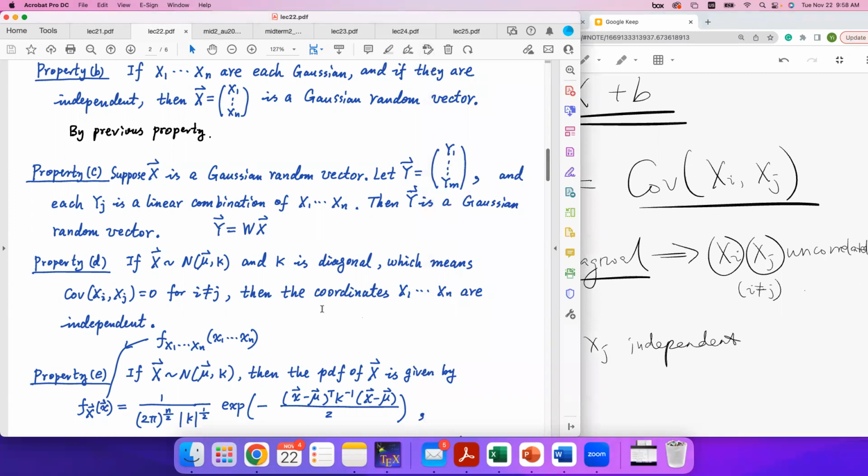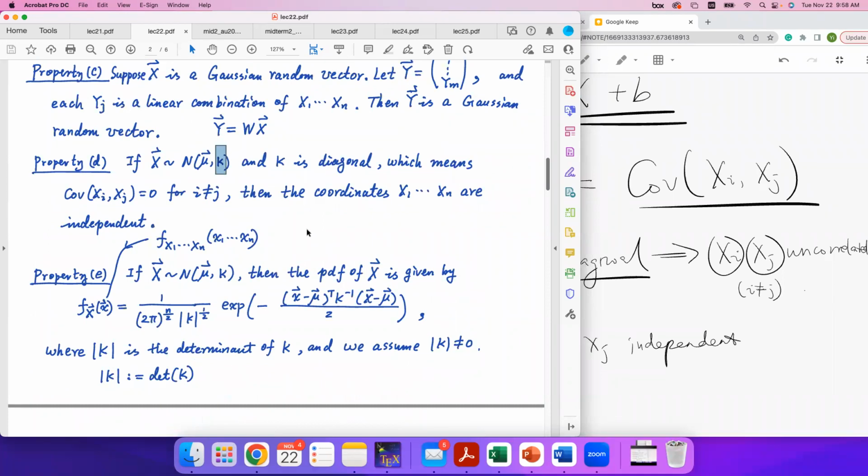Right. So in this sense, these coordinates are independent if this autocovariance matrix is diagonal. That essentially means that all the entries of your Gaussian random vector are independent Gaussian random variables. This is a special case when K is diagonal.